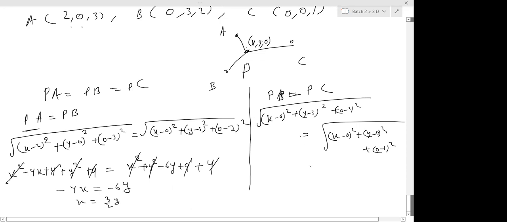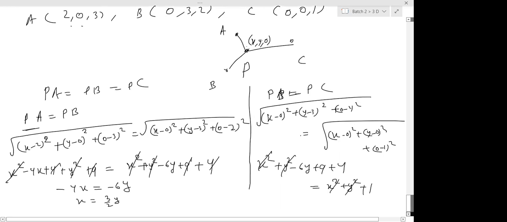And from here, squaring both sides, we have x square plus y square minus 6y plus 9 plus 4 equals x square plus y square plus 1. So again, x square and y square are cancelled.